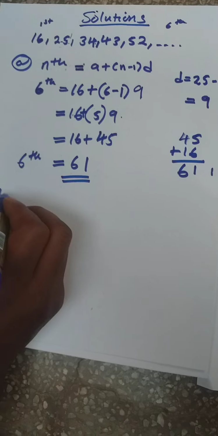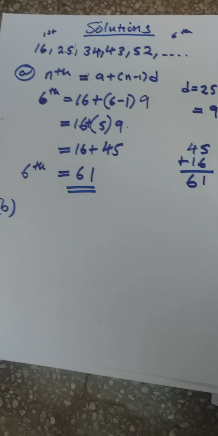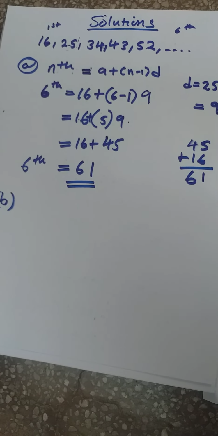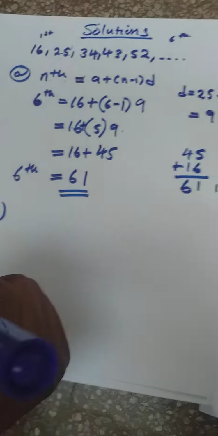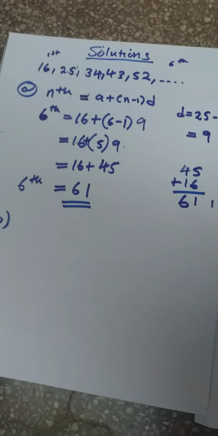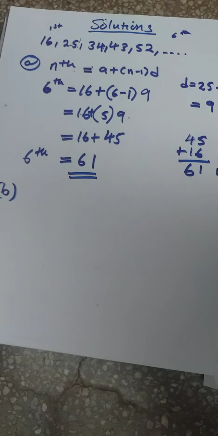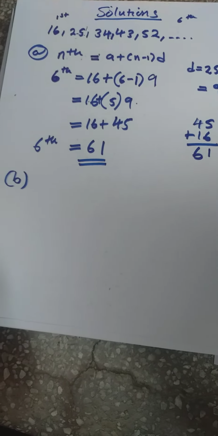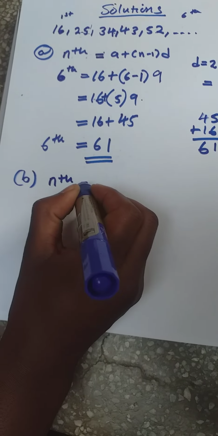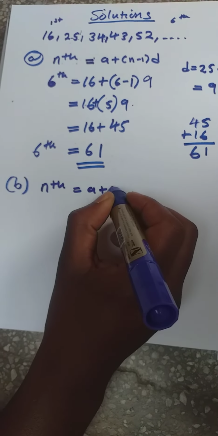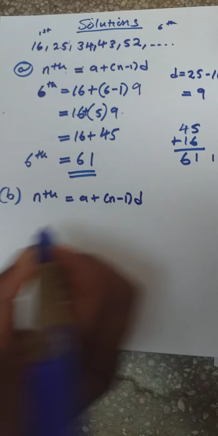Then for B, they want us to write down the nth term. So remember, we had already found the formula for the nth term. Now they want the nth term. So we're going to say the nth term is found by saying a plus n minus 1 multiplied by d.